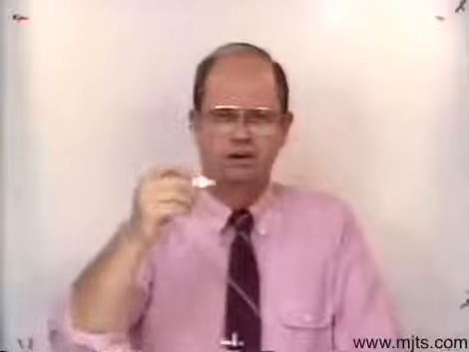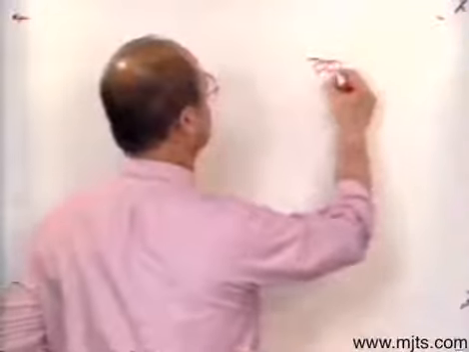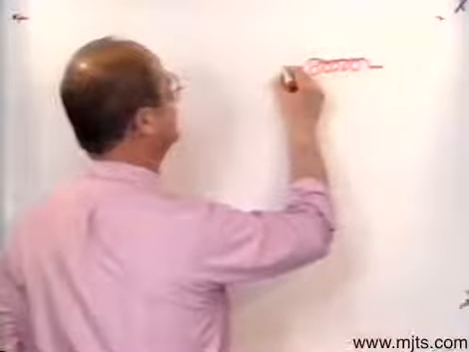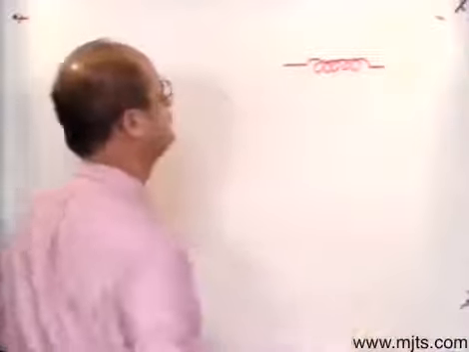But a coil tends to oppose any change in the current flow. And I can draw a schematic symbol of an inductor by putting a coil in here, just like that. In other words, this would be my inductor in that circuit. It's a coil of wire.